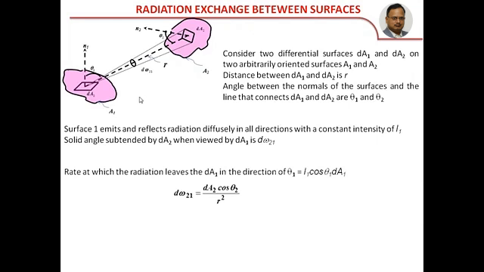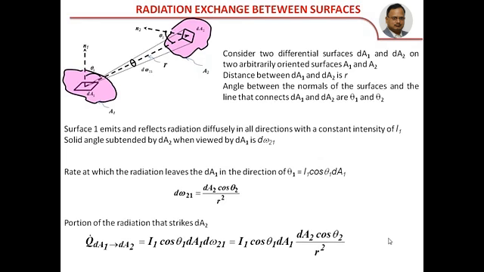Now, as we have seen in the fundamentals, the rate at which radiation leaves dA1 in the direction θ1 is I1 cos θ1 dA1. With reference to this, the steradian angle dω2-1 is equal to dA2 cos θ2 by r square.